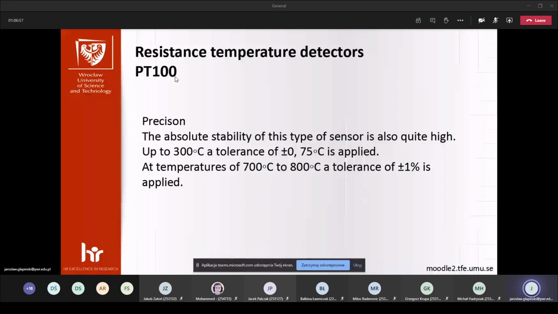The linearity, the stability, the precision are very high. Of course, if we increase the temperature up to 1000 Celsius degrees, the tolerance is a bit higher, but it still has more or less 1%.